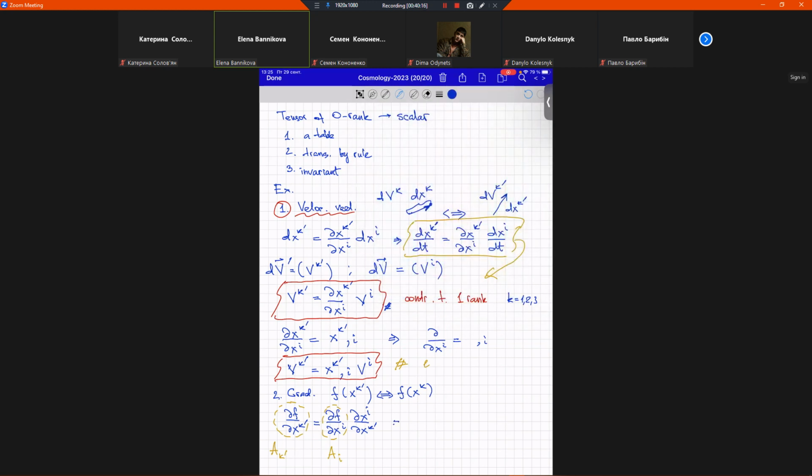Finally I have the expression a_k prime equals this. So we can see that the gradient transforms from one coordinate system to another as a covariant tensor of the first rank. This is an example.